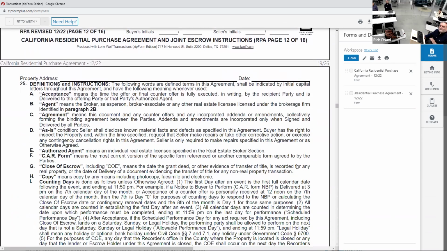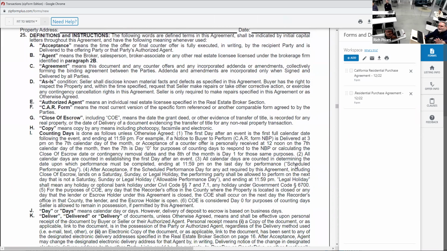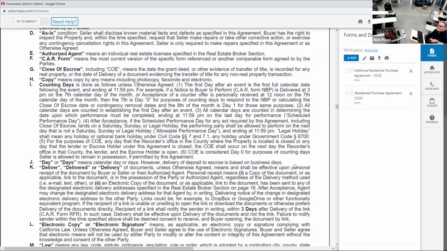Then there are all these definitions of as-is, the agreement, close of escrow. A great thing about counting days, because it's confusing when you're dealing with a notice to perform: it cannot end on a weekend or a holiday. So if you give a notice to perform on Thursday, day one is Friday, day two is Saturday, but it can't end then.